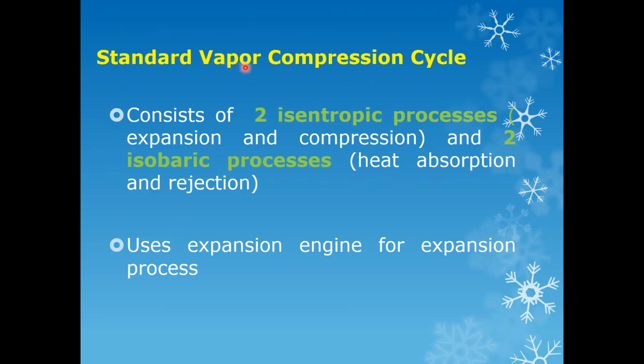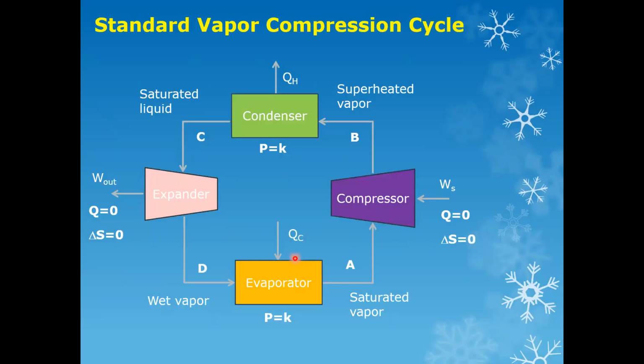But for the standard vapor compression cycle, we're now dealing with two isobaric processes, and we now use an expansion engine. Okay. So this is the process diagram.